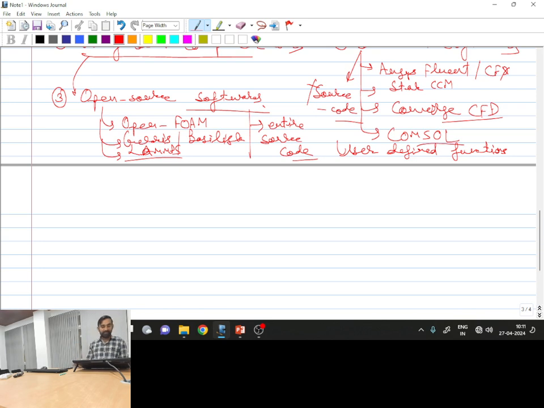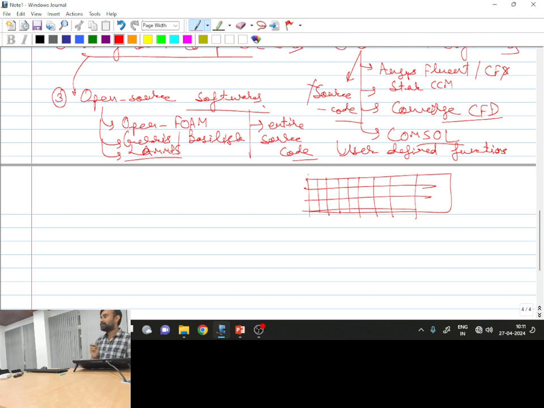Okay. Now comes again one important part. Whenever we say that we are dividing this domain into a small number of discrete points, always when we talk about CFD, one thing comes to our mind, that we always have to use some grid kind of arrangement to do our simulations.